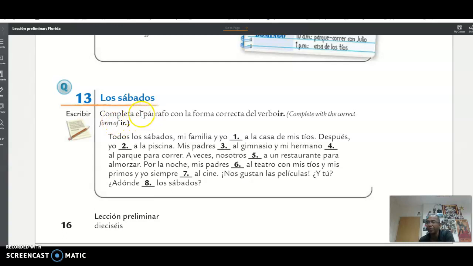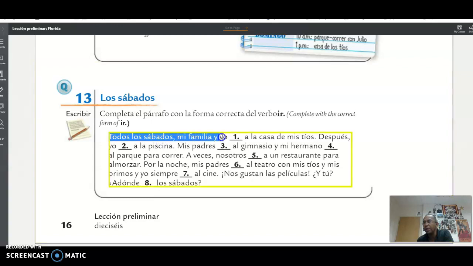Completa el párrafo. Párrafo is paragraph. Notice it is a cognate, similar in Spanish and English. Con la forma correcta del verbo ir. Okay. Todos los sábados, mi familia y yo, and then here you have to put the correct form of the verb, right? What would it be? Mi familia y yo.